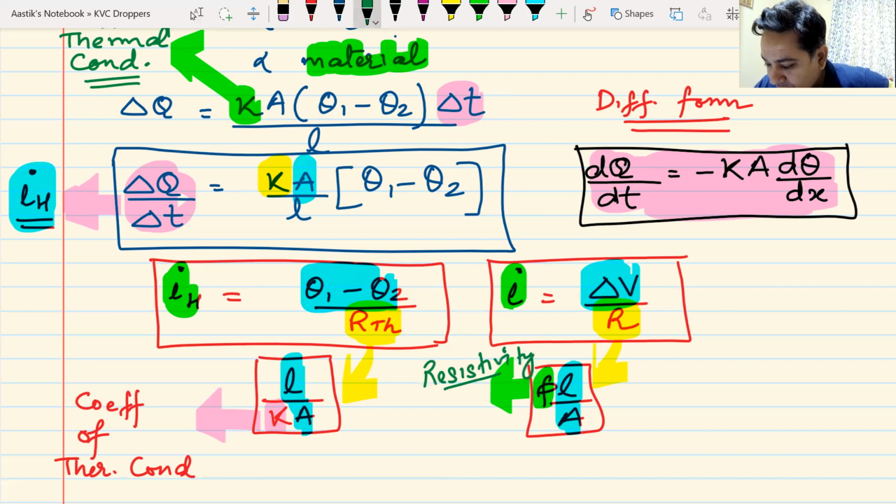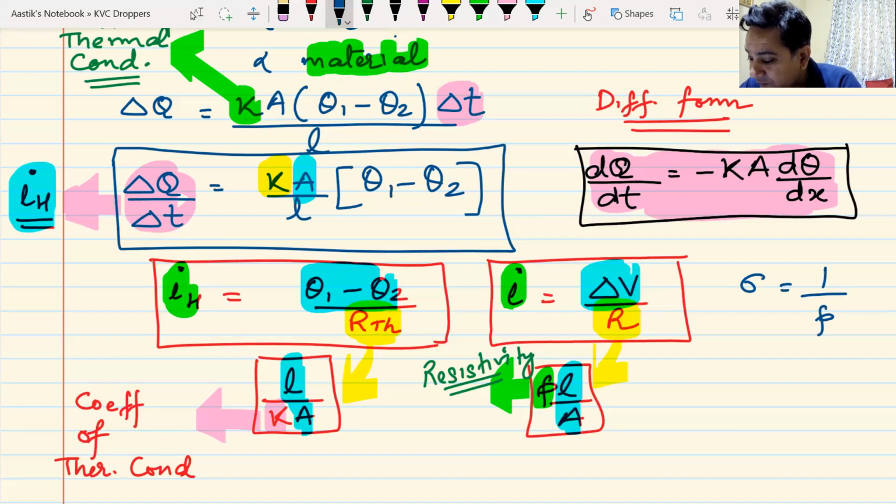But you might have also heard a term, conductivity, electrical conductivity of a wire. And the relation between conductivity and resistivity is very simple. You must recollect that if sigma is your conductivity, it is 1 by rho.